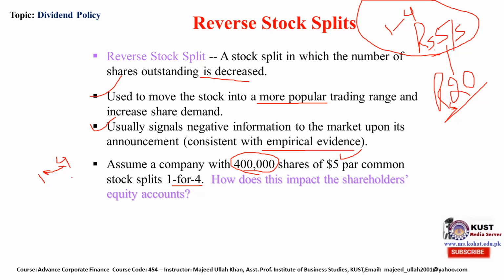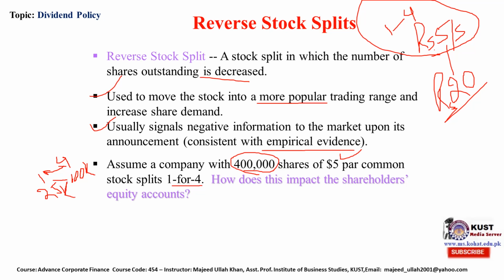If somebody has 100,000 shares, 1 lakh shares, it would become 25,000 shares. So the number of outstanding shares decreases while the par value increases.